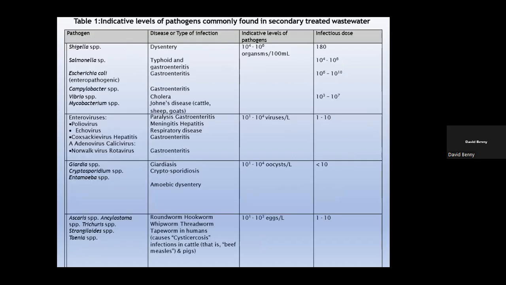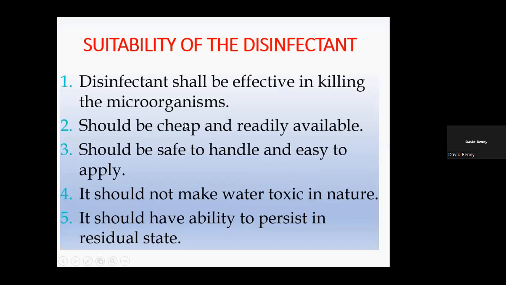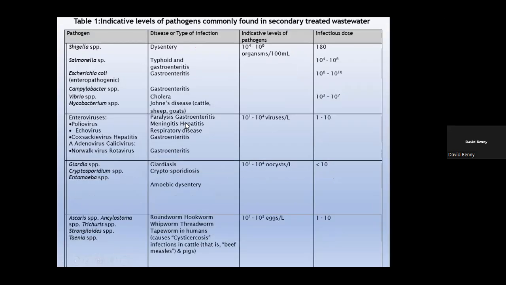are viruses. Right now, this is WHO characteristics, and it is based on the infection and the resistance of the organism to treatment. So, in terms of the indicative levels of the organism, you have a list of the pathogen and the type of disease and the levels, and also what the dose is.